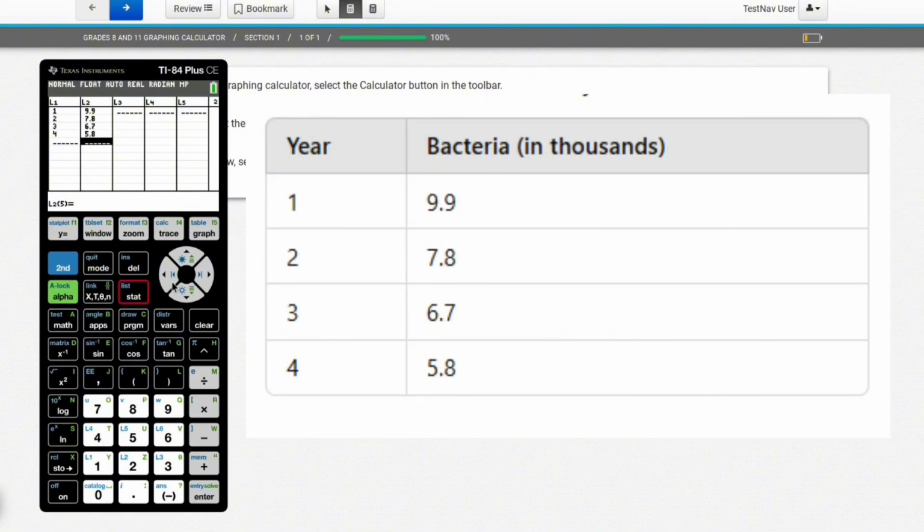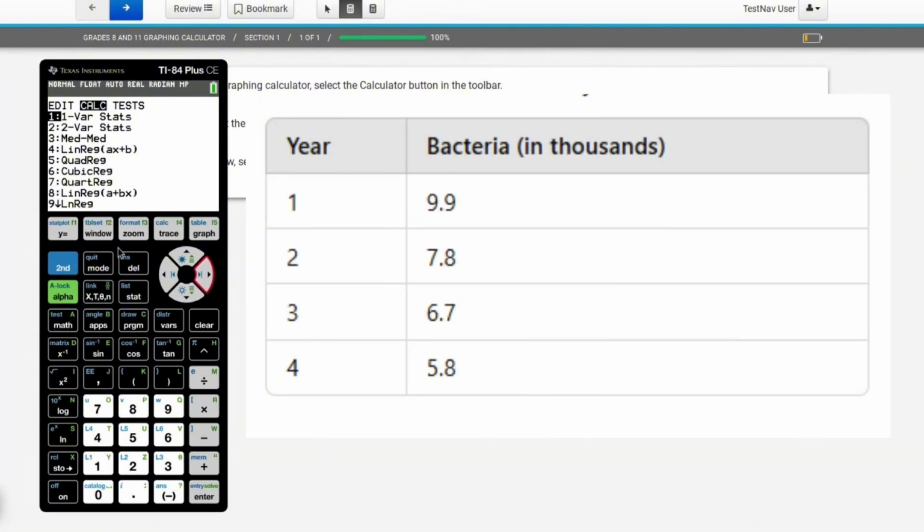So not only am I going to come up with an equation, I'm going to store that equation in my calculator. So we're going to go to stat, go to calc. Ln reg is right there at 9, so we can click 9. That is your logarithmic equation, and ln reg pops up.